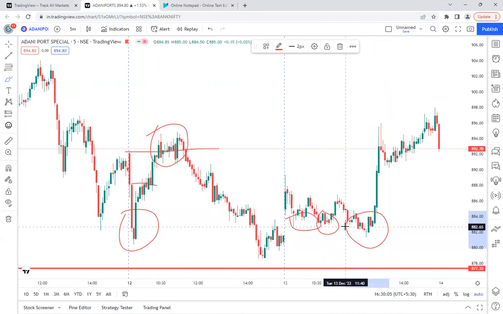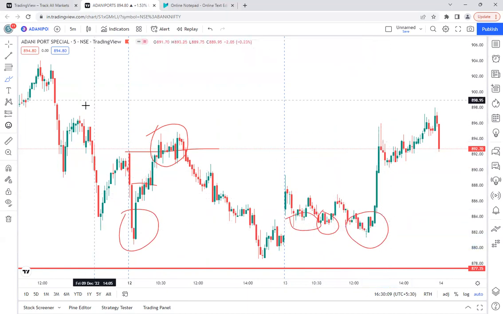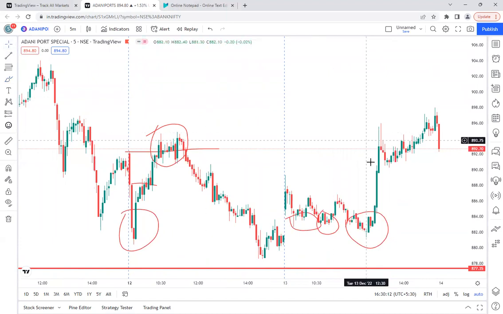But what they did, from 12:50 or 12:55, they started pumping money to buy the shares, and they sharply, quickly moved towards the high, and they killed all the sellers.